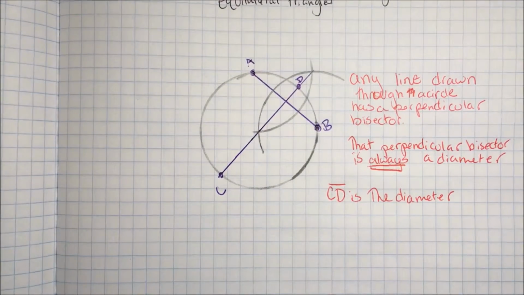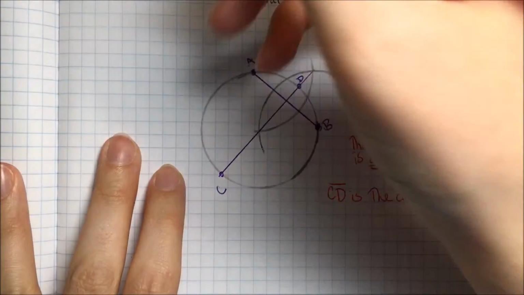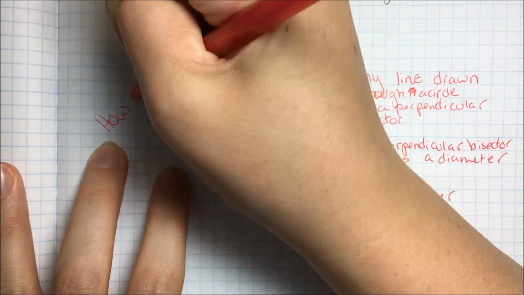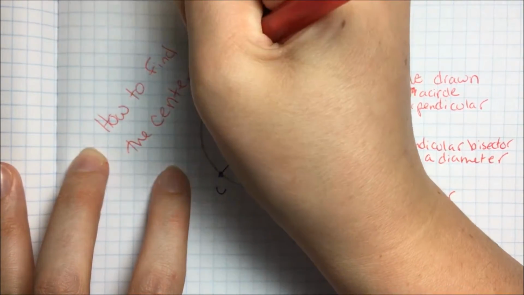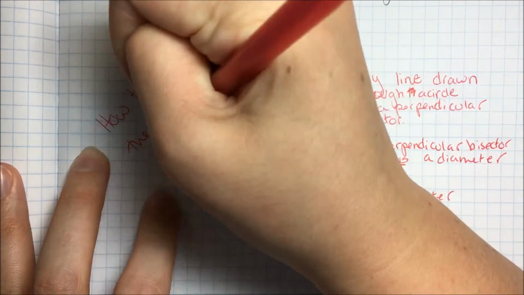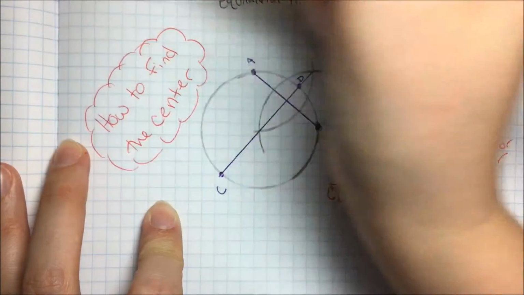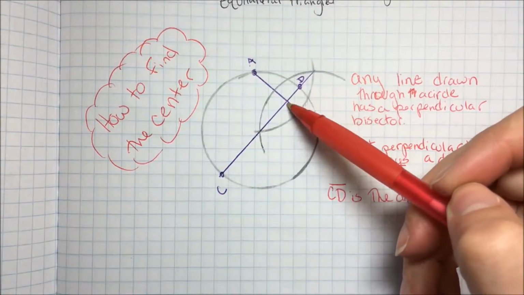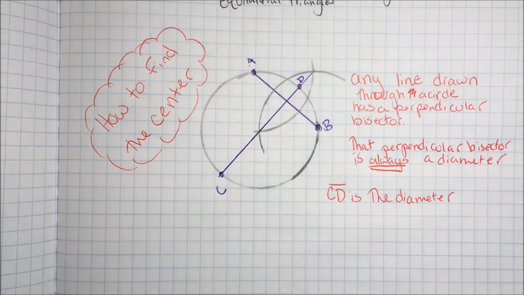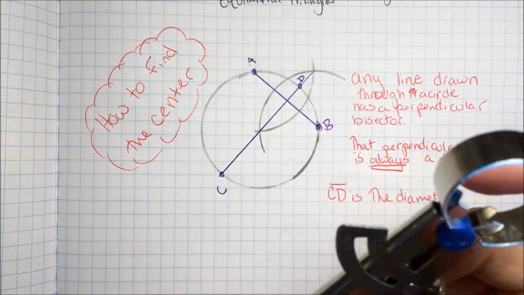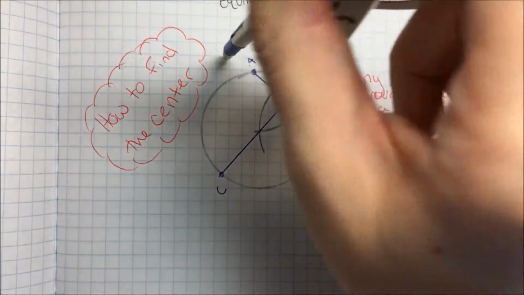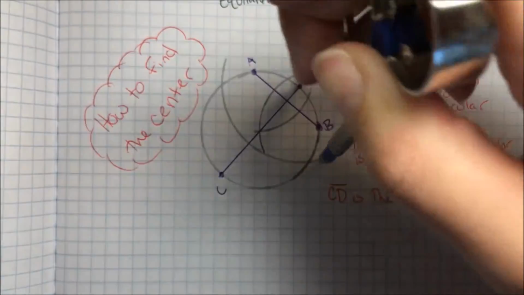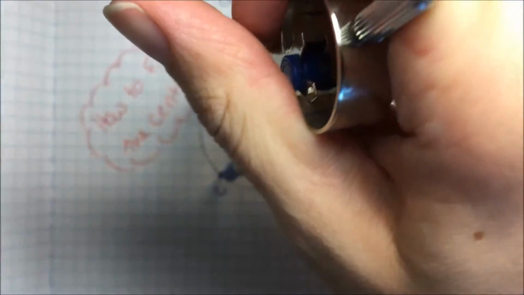If you're asking me, Mrs. Northrop, how can we find the center of the circle? Well, if we know that we have the diameter right here in CD, we know that halfway through this diameter is the center. So if I make another perpendicular bisector, this time of the diameter, where that perpendicular bisector intersects CD, that will be my midpoint.